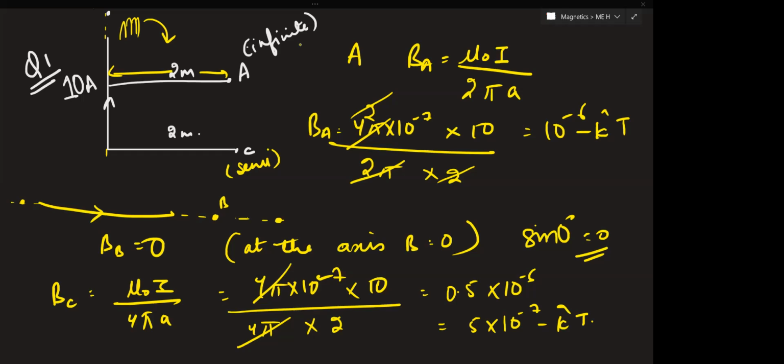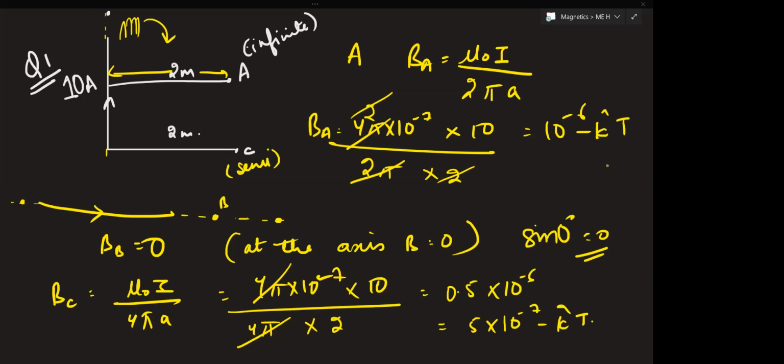Just text when you've completed this writing part. Yes, your negative z axis, so that's why it will be negative, inwards.